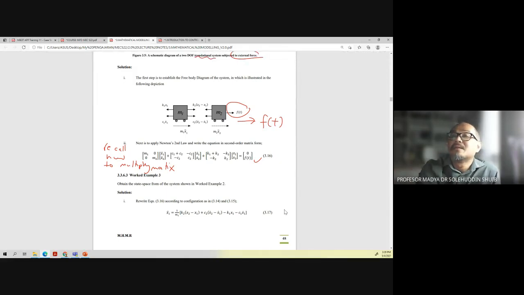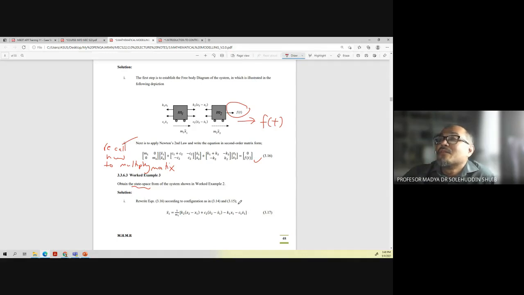Another example. We want to obtain the state space form of the system shown in worked example 2. We haven't finished this one. In example 2, we only stopped at step number 2. So we proceed according to equations 3.14 and 3.15.